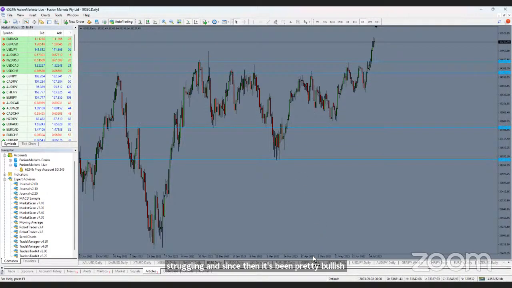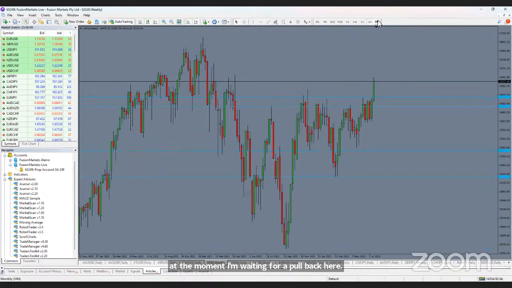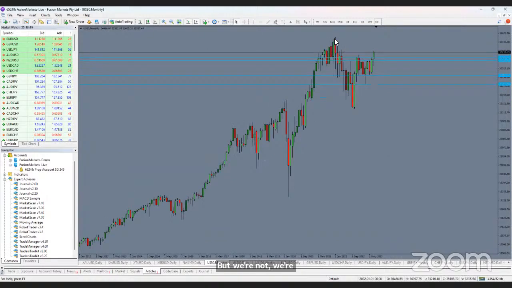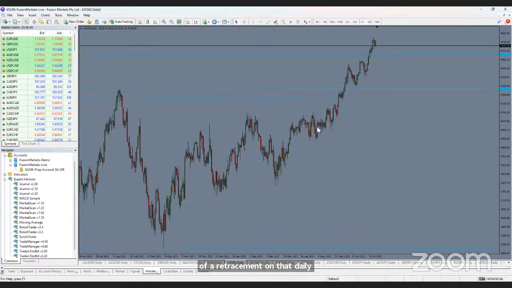So at the moment, I'm waiting for a pullback here, but we're not close to all-time highs. So there's plenty of space for price to continue running upwards. And I'm going to be continuing to look for long opportunities here, perhaps after a bit of a retracement on that daily time frame. And the US 500 as well.